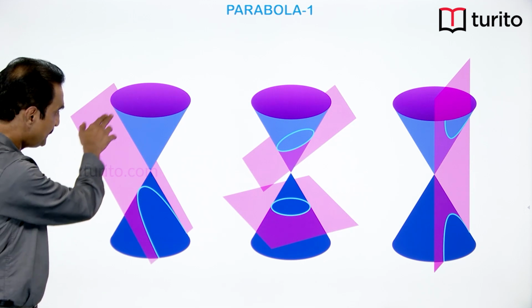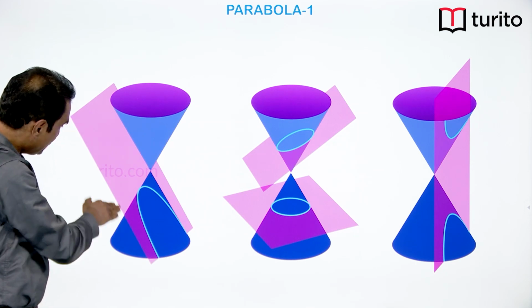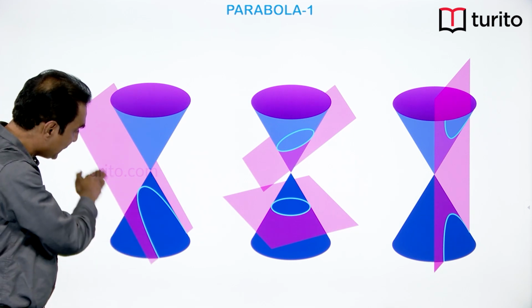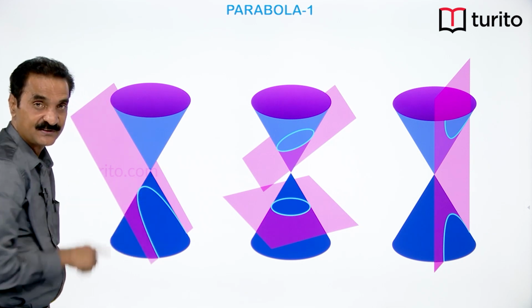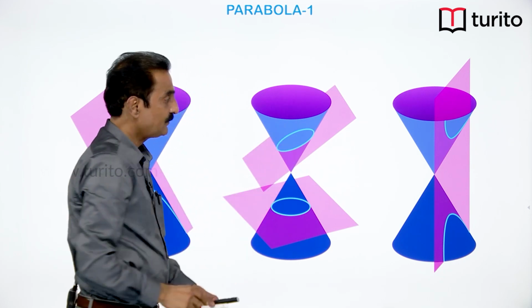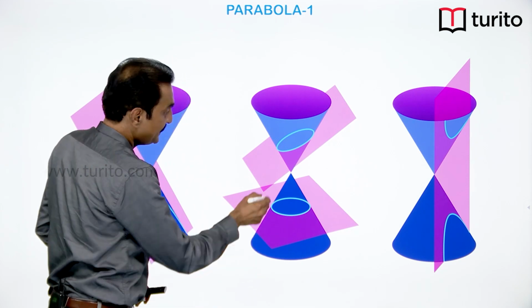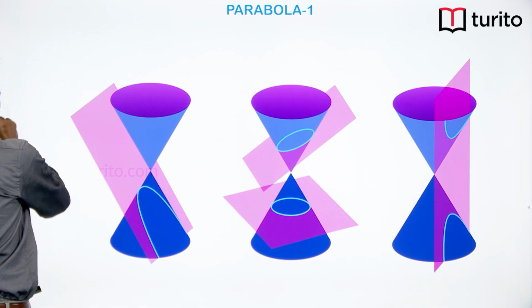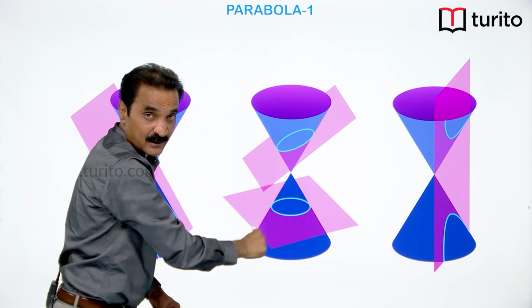See here, this is a double cone. This pink colored one is a plane. If it cuts the cone like this, parallel to the slant height, then the cross section is going to be a curve like this. And suppose this is the intersection point of the upper cone and lower cone.